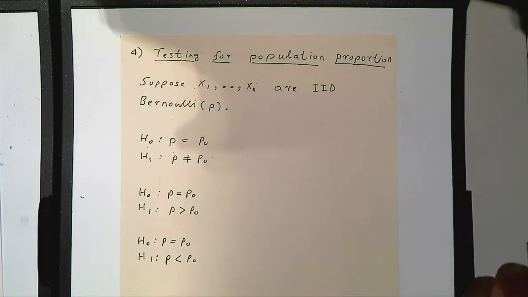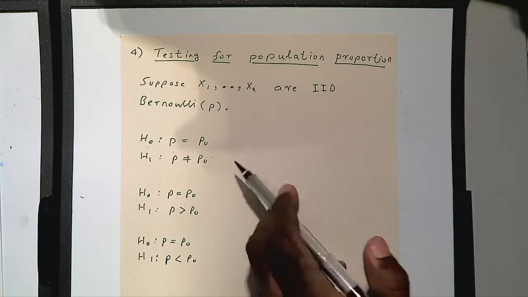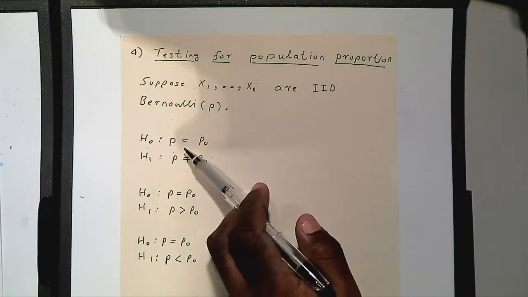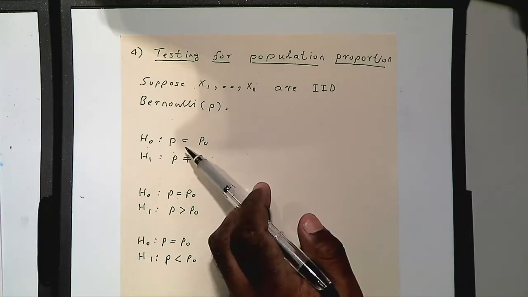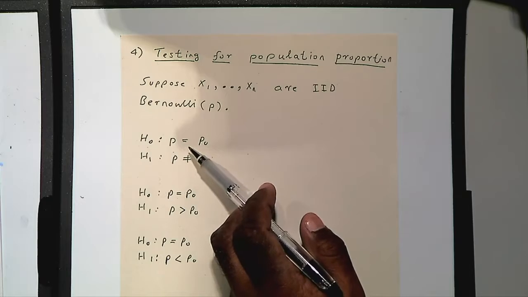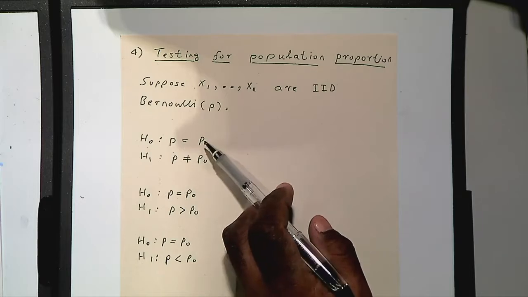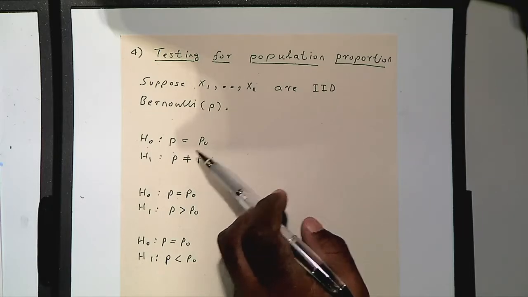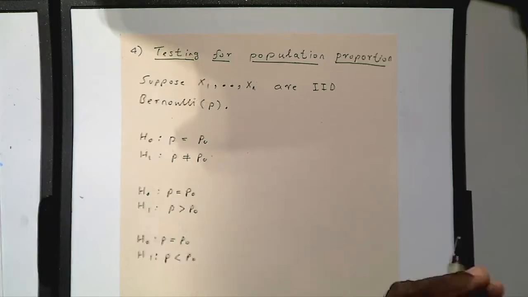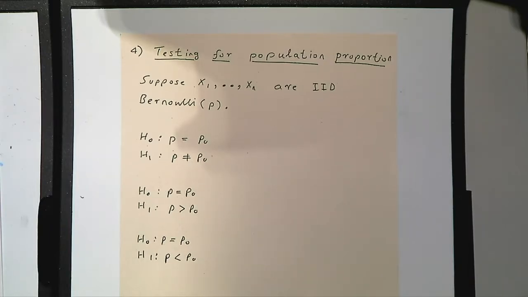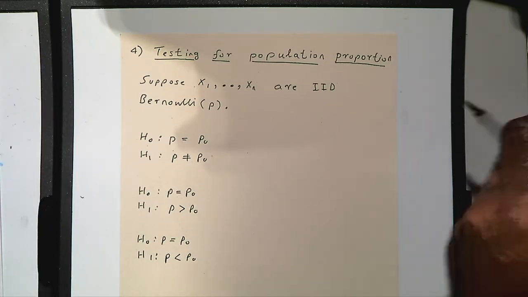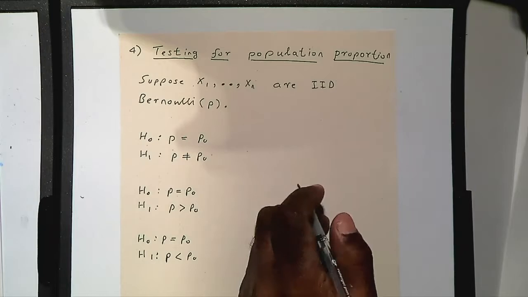All right, there are 3 sets of hypotheses. So like, for example, p could represent the proportion of smokers. So you could test, for example, whether the proportion of smokers is equal to, say, 20%, right, versus it's not equal to 20%, right? Okay, so the rules for rejecting are as follows.